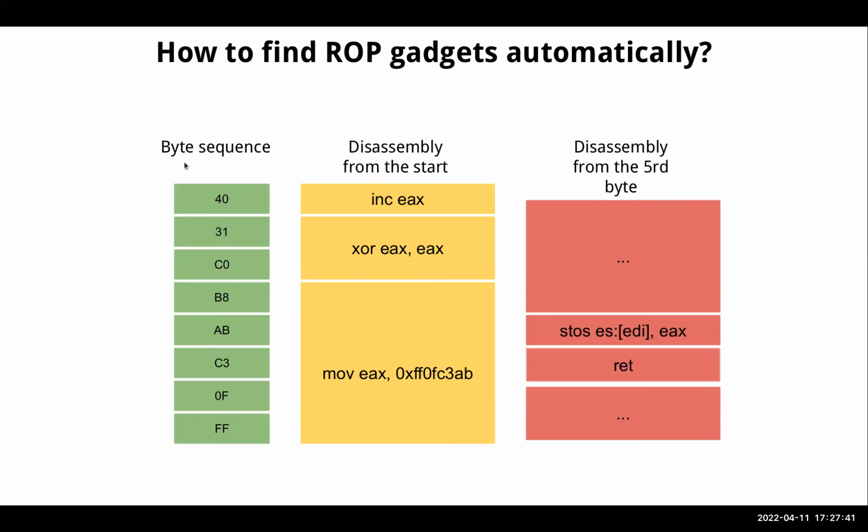For example, this byte sequence has only 8 bytes. If we disassemble from the very beginning, the first byte is the instruction increase EAX, then the next 2 bytes are XOR EAX, then the next 6 bytes are the instruction move EAX with this number.